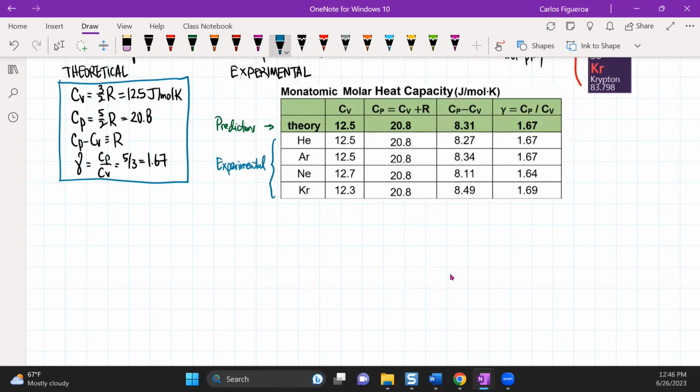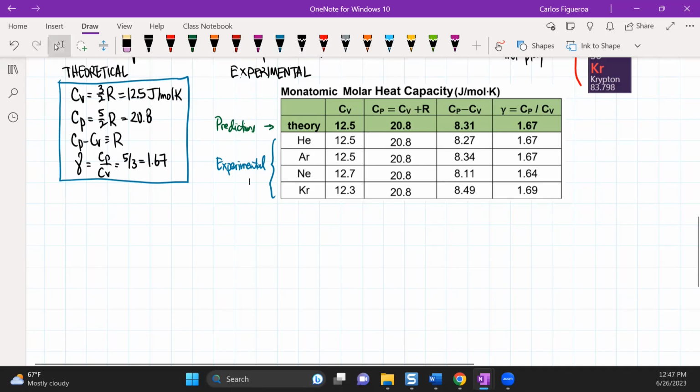And when you look at them, again, you cherry-picked your things because you want to make it so that it doesn't interact. That's the key thing. You can see that the values for CV are really good, which then means CP has to be really good. And you can see it's pretty close with the values of CP minus CV and very close with gamma.